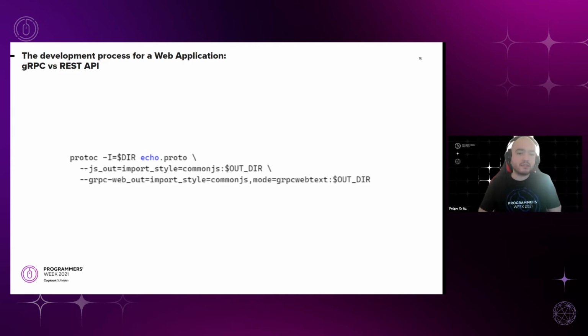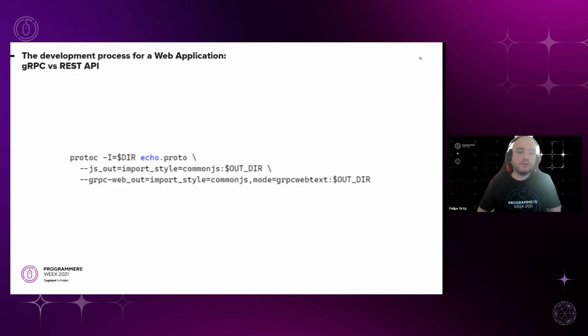The first one is base64 encoded and has support for unary and server streaming calls. With gRPC-Web, however, the payloads are sent in binary protobuf format, and it only has support for unary calls at this moment.